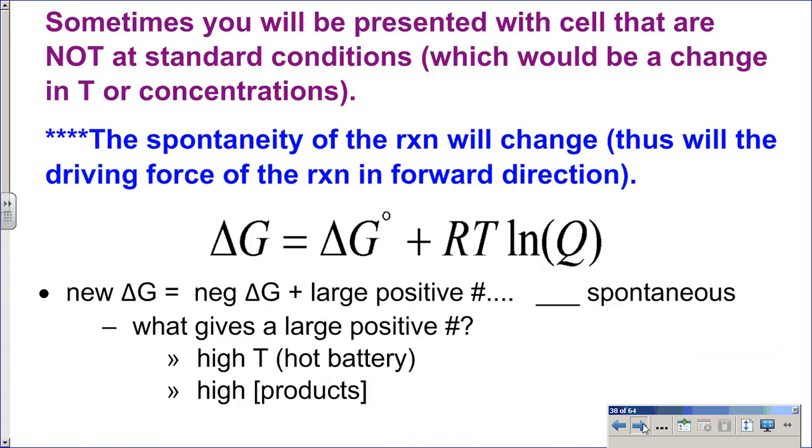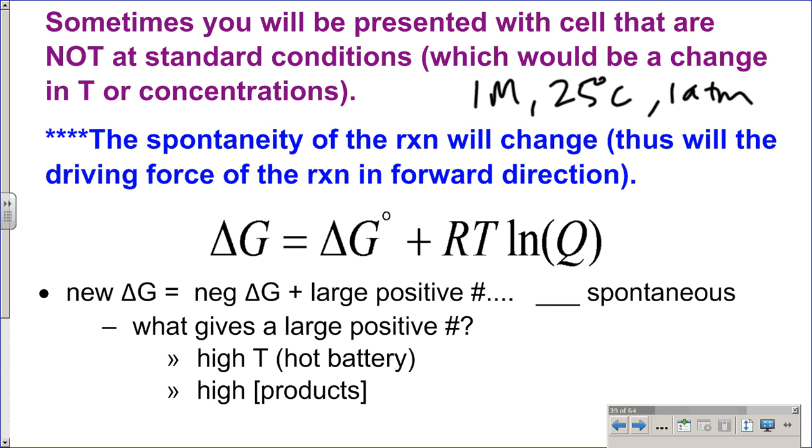Okay, so let's go through. You don't have to write down all of this, but I do want to talk about these things together before we go into the math part. So we know that standard conditions of electrochemical cells are 1 molar solutions, 25 degrees C, 1 atmosphere. If you ever stray from the standard conditions, that means you no longer can put that naught, right?